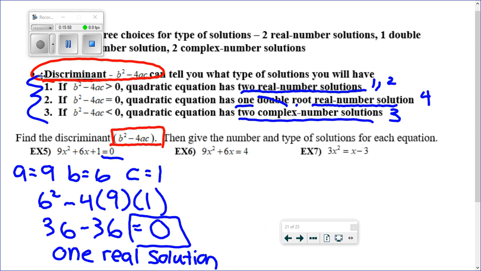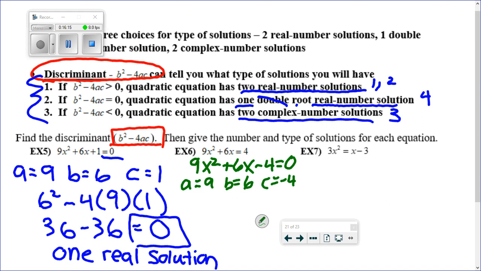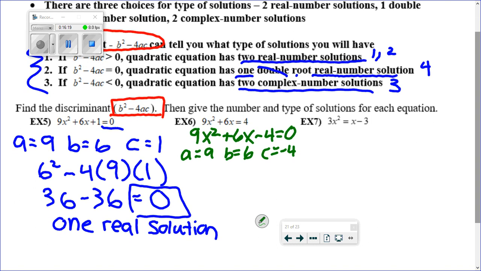So let's look at example 6. So first things first, making sure it's equal to 0. So that will look like 9x squared plus 6x minus 4 equals 0. Your A is 9, B is 6, C is negative 4. So same thing, your B squared.